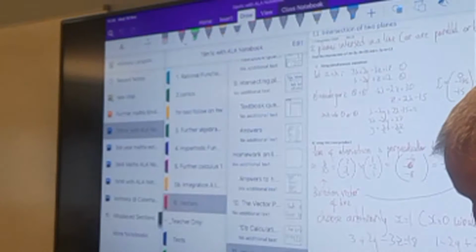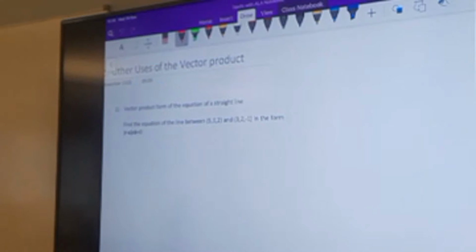Now I'm going to have a look at some applications of it, some of which may be hard. I think the first one is the most difficult. This is yet another vector product form of an equation for a straight line. We've already seen the most useful one, r equals a plus lambda d.